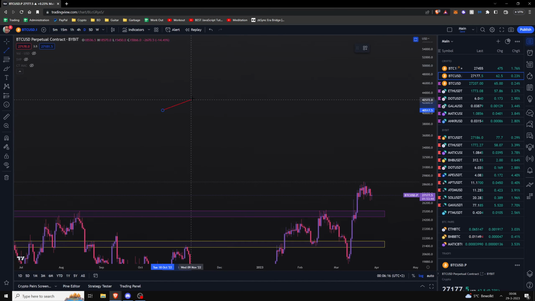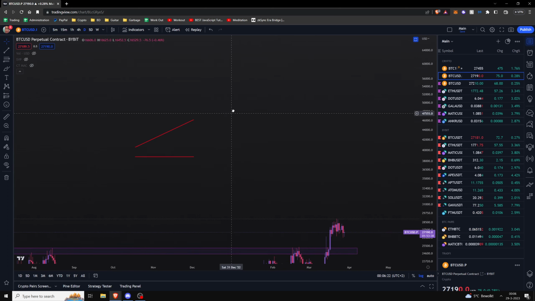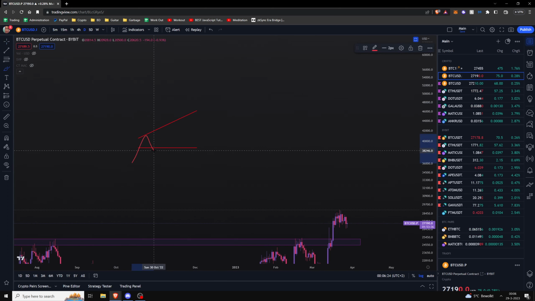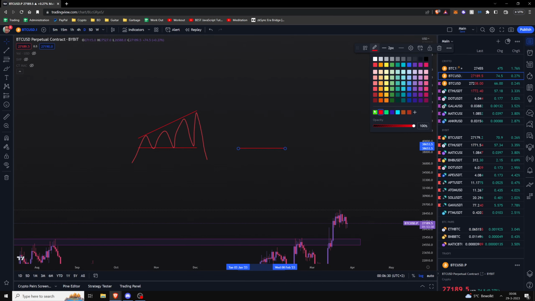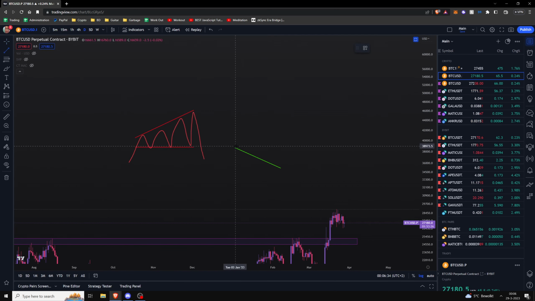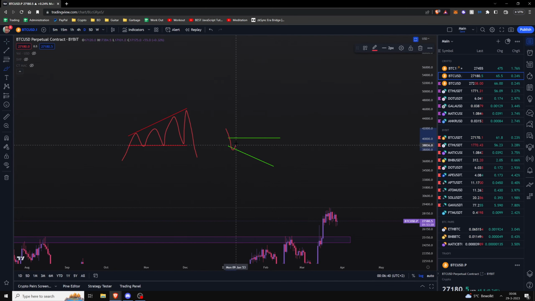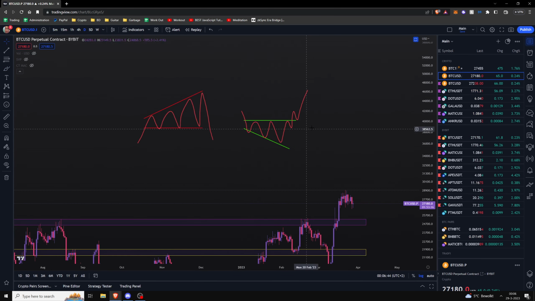I personally like the J pattern, the right-angled broadening, descending or ascending wedgie, like that, or the bullish one is like that. I look for these specifically as topping or bottoming patterns.